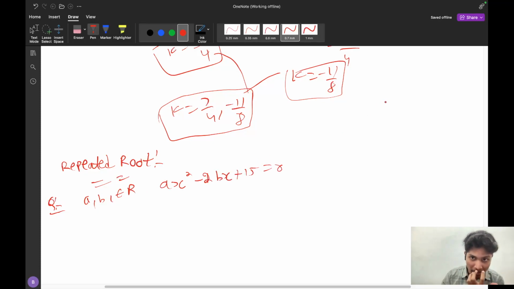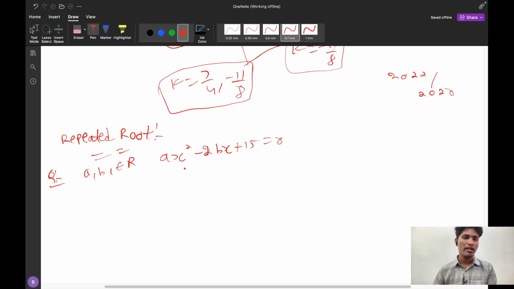Basically this question came in 2022 and 2020. The question is repeated, and it may be repeated in 2024. The equation ax square minus 2bx plus 15 equal to 0 has a repeated root alpha. What I said, a repeated root is alpha, again alpha. These two are the roots of this equation.